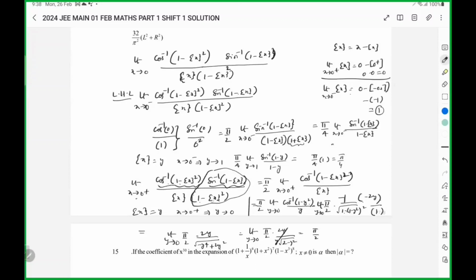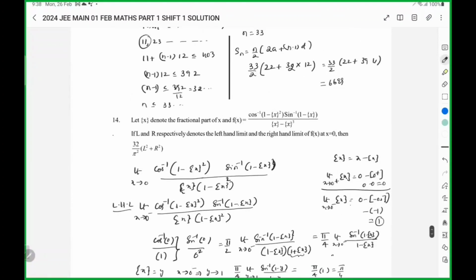So pi by 2 into 2 by root 2 after substitution, pi by root 2.